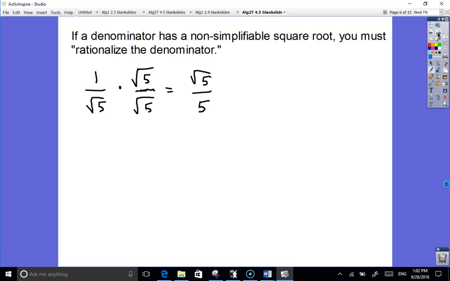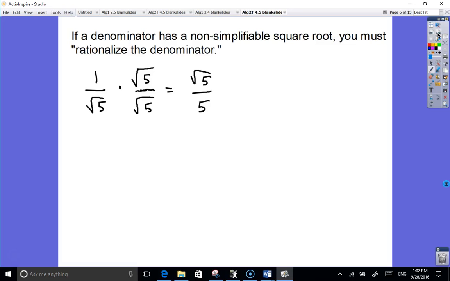Not. Okay, so what's a rational number? What's the word that should jump into your head when you hear rational number? Fractions, right? So a rational number is any number that could be written in the form of a fraction. An irrational number is any number that can't be written in the form of a fraction.